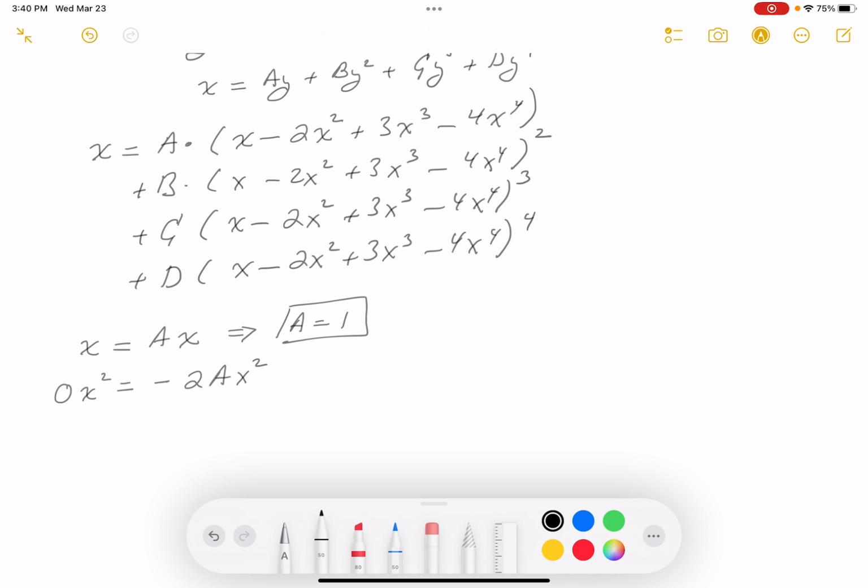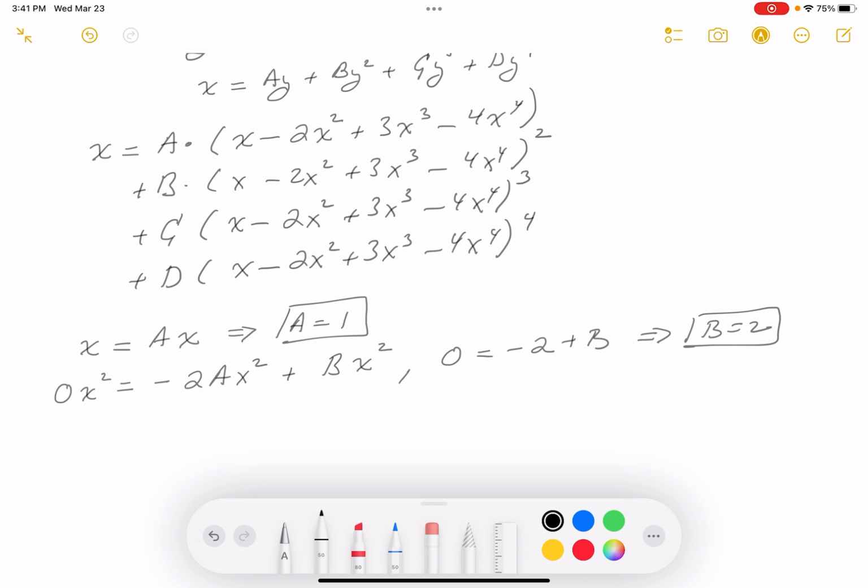Again, you're squaring that, so you'd get plus bx squared. So I'm going to equate the coefficients. 0 equals minus 2a, which is just minus 2 because a is 1, and then plus b. B must be 2. This is important to me, so put it in a box.